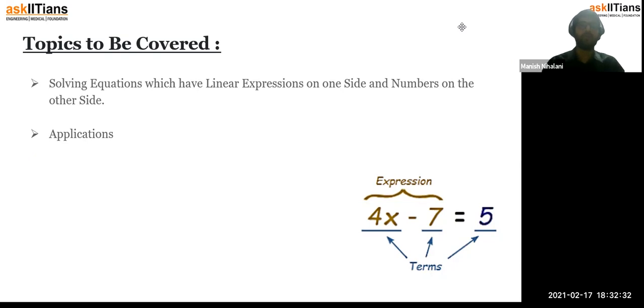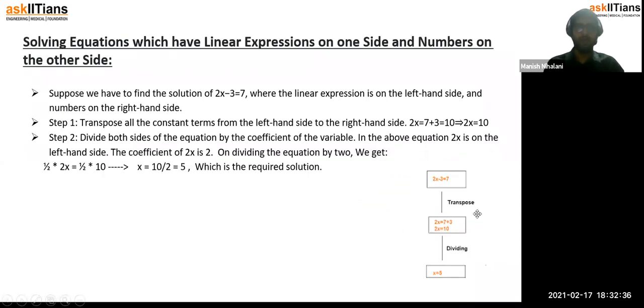So let's try to understand. Let's say we have an equation, 2x minus 3 equal to 7, where the linear expression is on the left hand side. If you just look at 2x minus 3, this is an expression. Now if you are equating it to a constant, it becomes an equation, right?